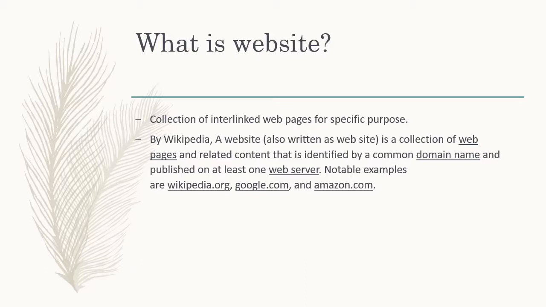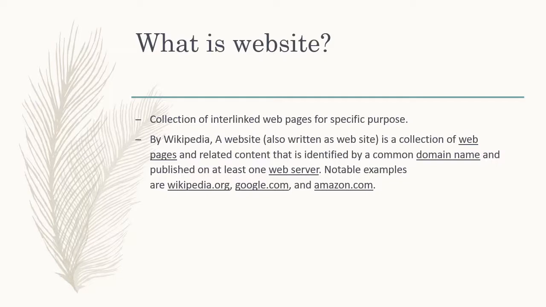Common domain name means every website has a unique URL, uniform resource locator. For example, Google: google.com, that is the domain name. Another example, flipkart.com. Flipkart.com is a domain name, and that is uniquely identified. It is not similar to any other.